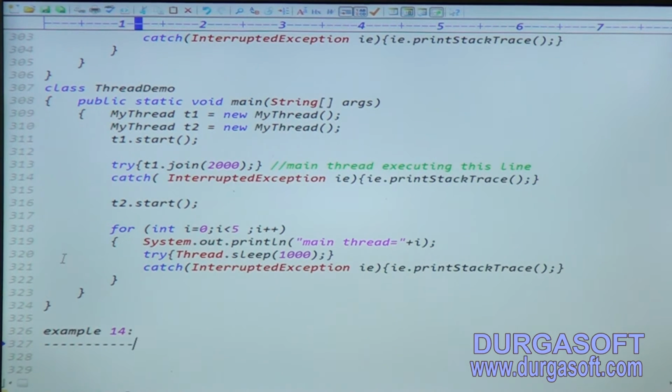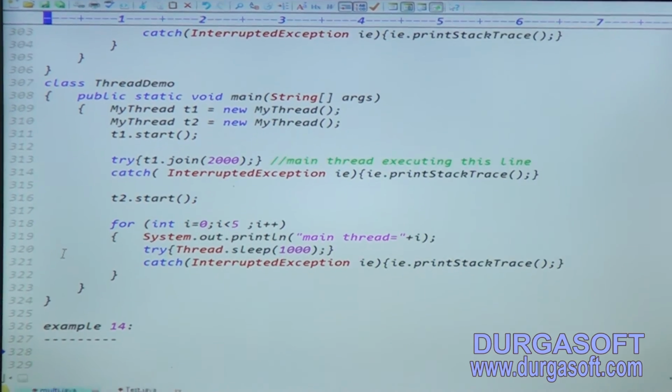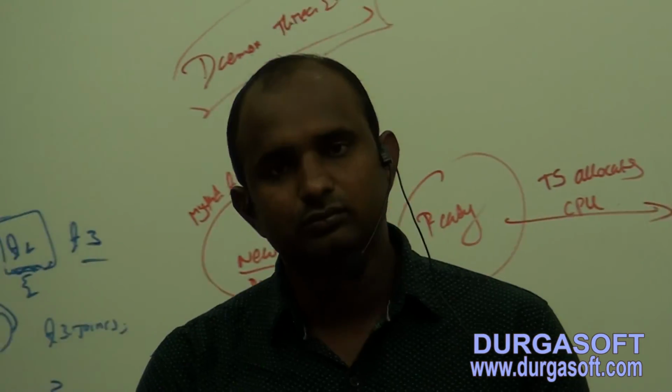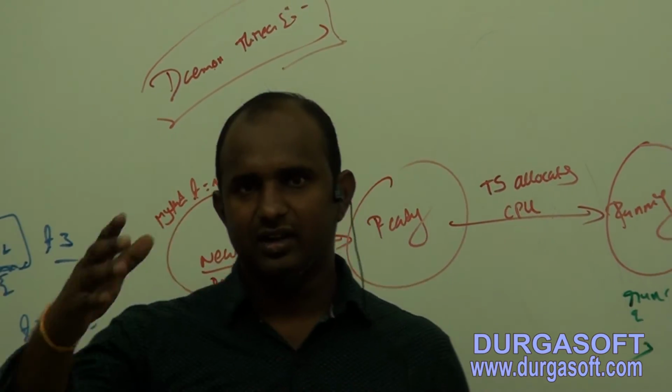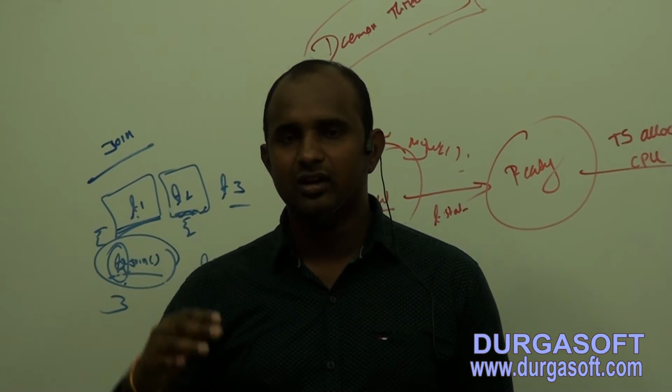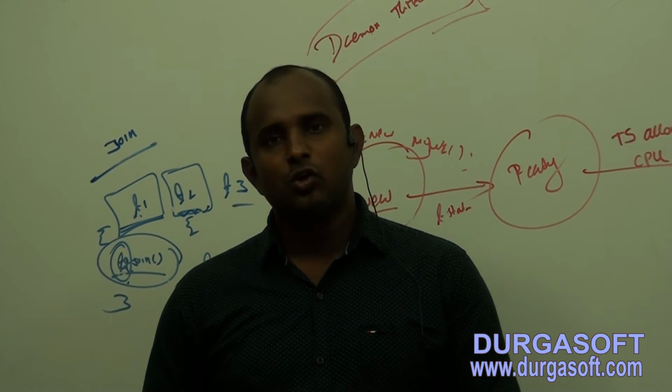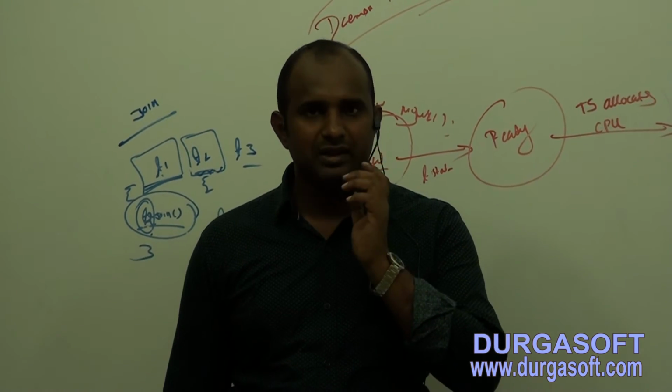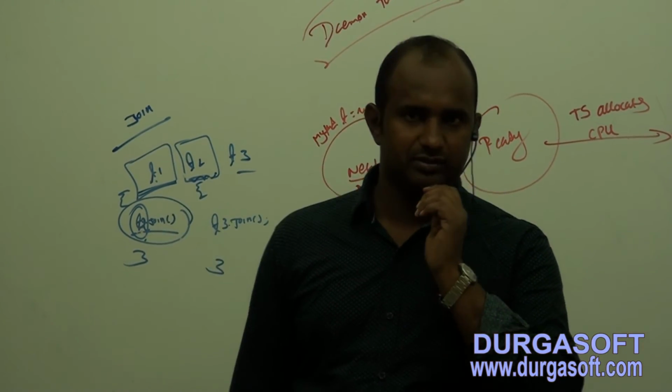Now in example number 14, you will get the interrupted exception. Every time we are getting an interrupted exception, right? I would like to interrupt the thread. My thread is running, and once it is running, I would like to interrupt it. To interrupt the thread, we have one method, called the interrupt method.